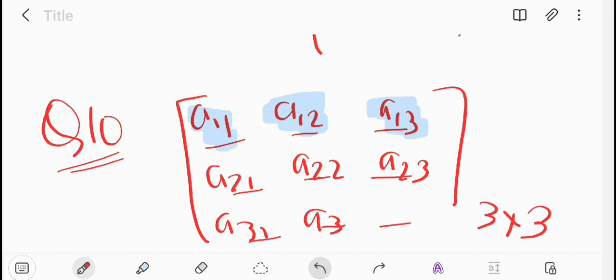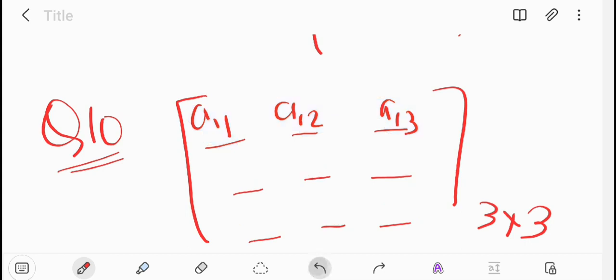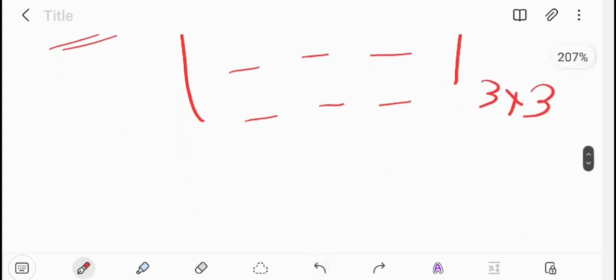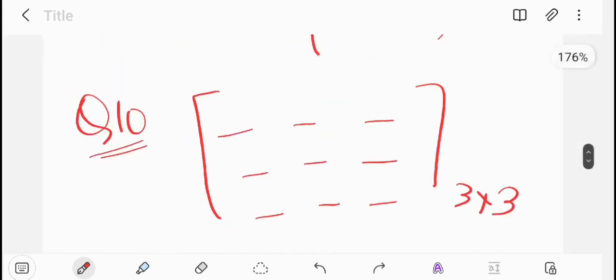All these values come here. But we are given in the question that each entry is either 0 or 1. So these are the two possible entries for each position.